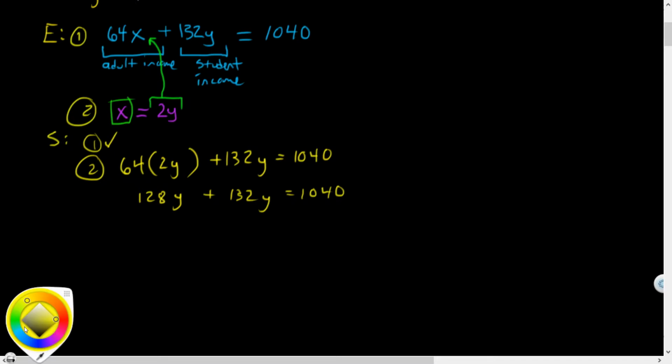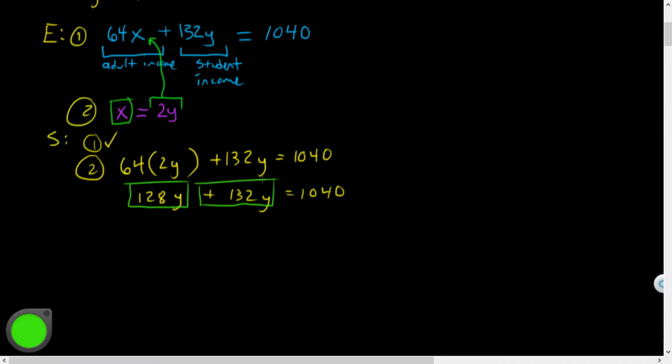I can combine those? Yeah, those are like terms. They both have Y's, Y to the firsts, technically. So 128Y's plus 132Y's, that's going to be 260Y's. Did I get that right? Feels right. Is equal to 1040.